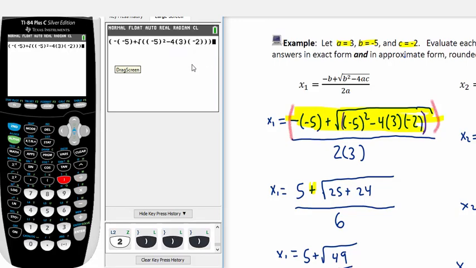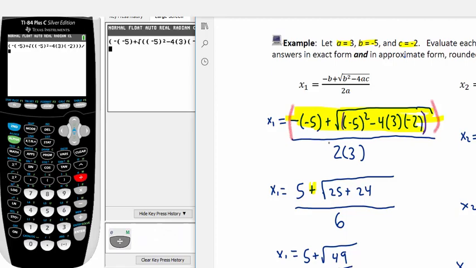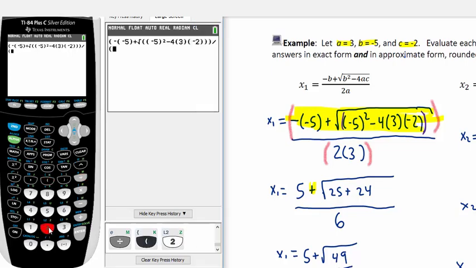That's a lot of parentheses, and just because I have the same number of left parentheses as I do right parentheses still does not mean that I've typed it incorrectly. You have to check to make sure that they make sense. Now I'm going to divide. Just like we did in the numerator, I need to tell the calculator that both the 2 and the 3 are in my denominator, so I'll have an extra set of parentheses here as well. So I'm going to have left parenthesis, 2.